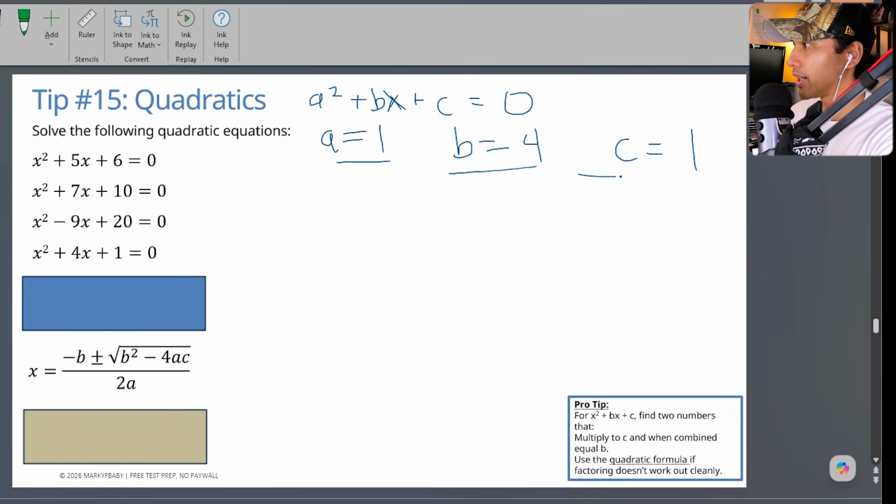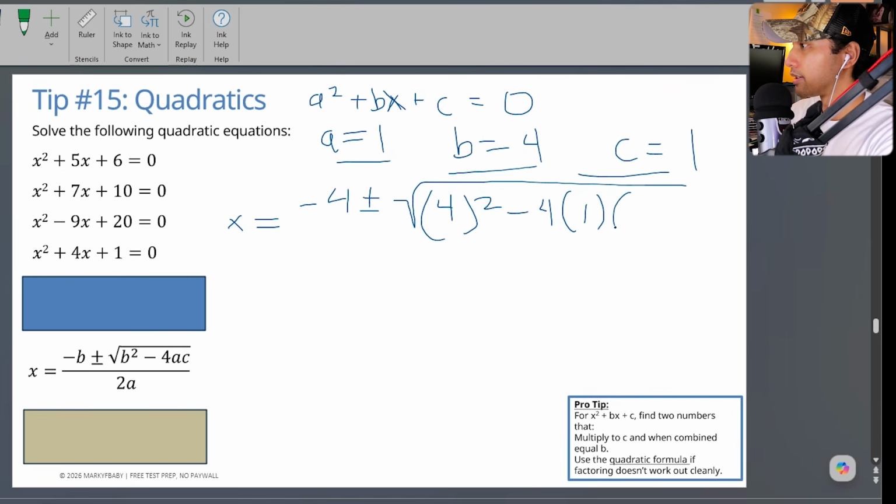Here are our numbers right here. We're going to plug them in here. So we go x equals negative 4 plus minus the square root of everything, 4 squared minus 4 times 1, and then c is 1, okay? And then divide by 2, and then a is 1.